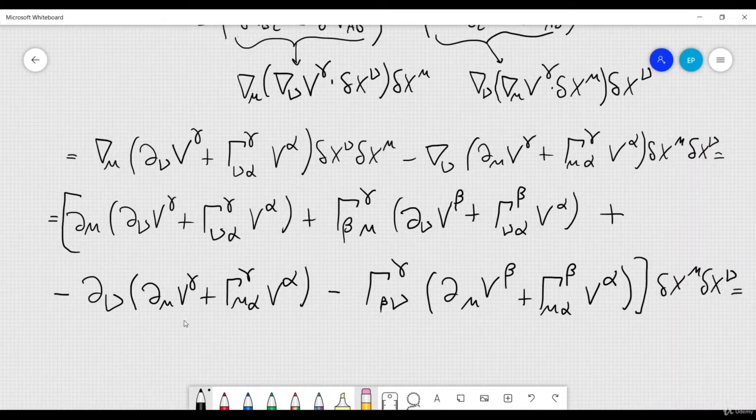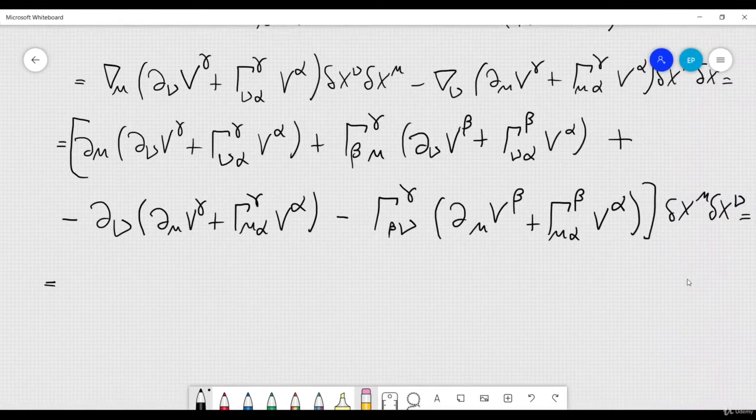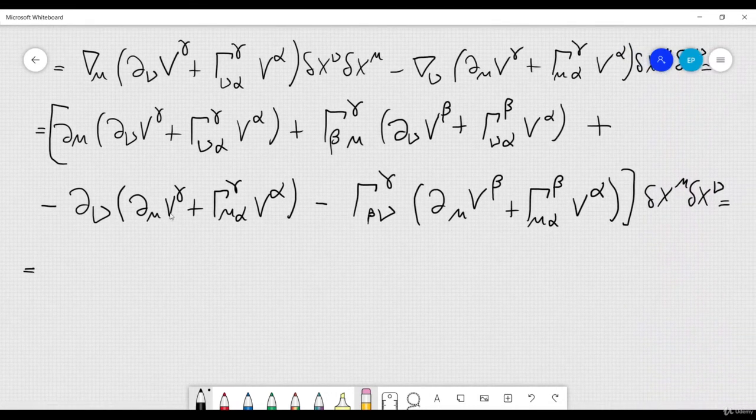And now I just have to do some very simple operations. I have to consider the expansion of these terms contained inside these brackets. So I have to calculate these derivatives here and multiply these terms, calculate this derivative, and also multiply these terms. So I have to expand that expression.